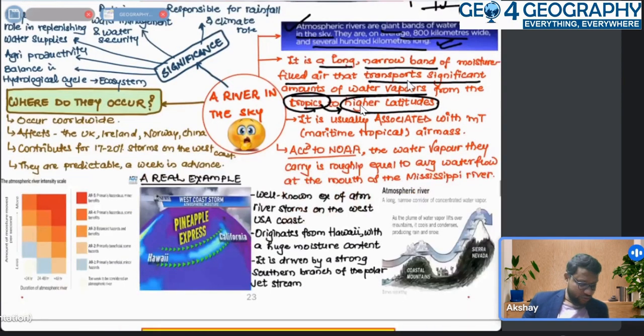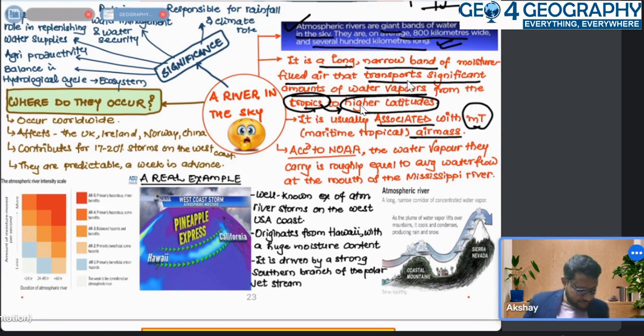Now, it is usually associated with the maritime tropical air mass, because the ocean, the maritime region, and its evaporation keep a continuous fuel or flow of atmospheric river.